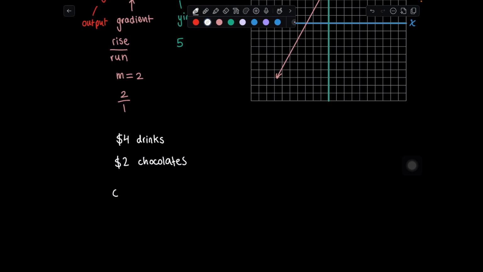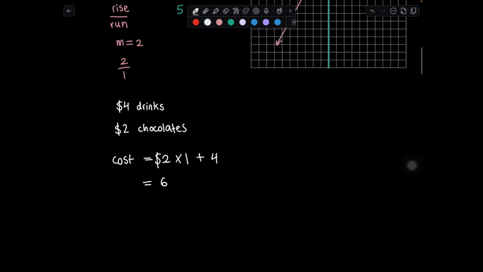Well, that would be $2 per chocolate times 1, because you're only buying one chocolate, plus 4, because you've already spent $4 on drinks. And you can see how that gives you $6 total. Okay? Now, what if they told you to buy 2 chocolates? Well, then you would go, and you can see how that would give you 8.